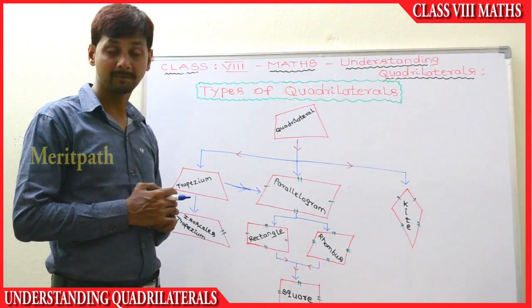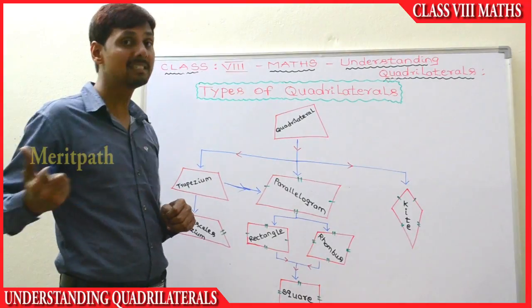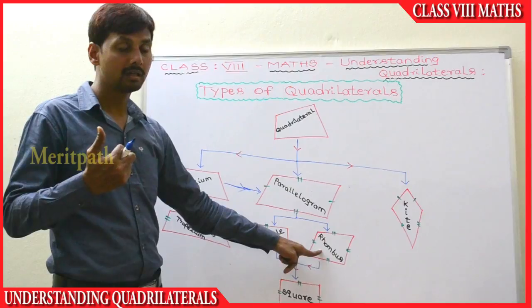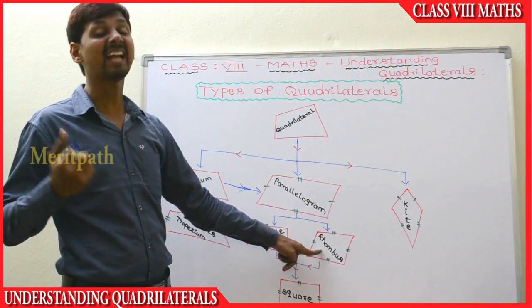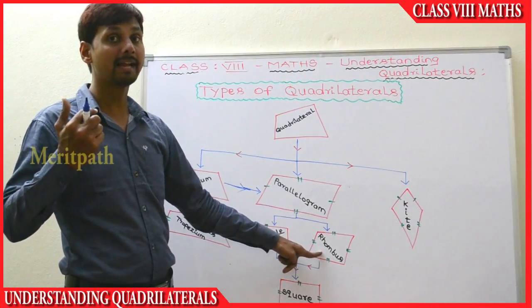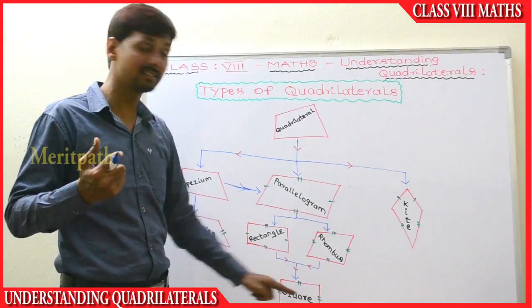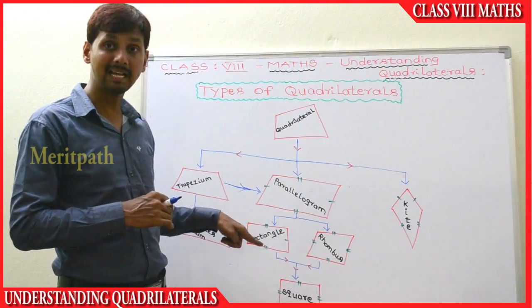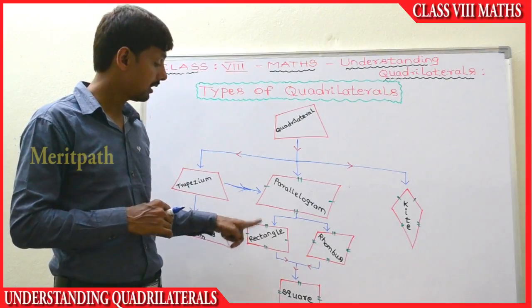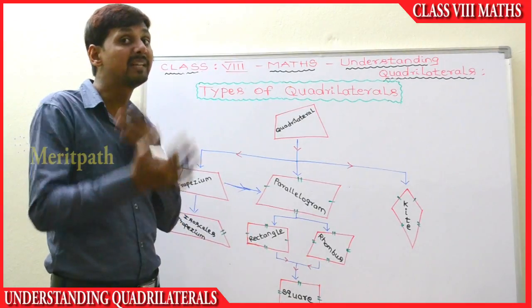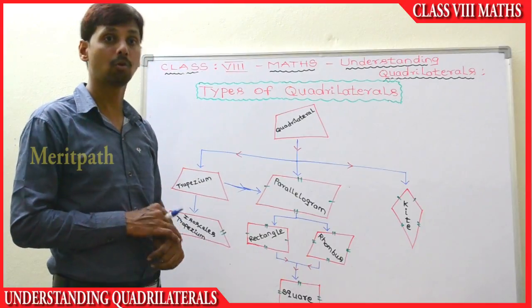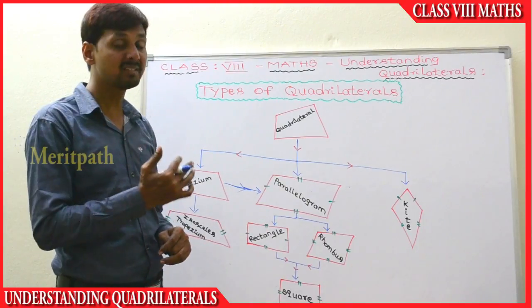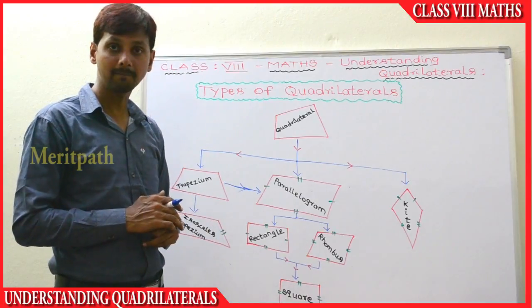In a rhombus, if each angle is 90 degrees, then it becomes a square. So either in a rectangle, if all the sides become equal, it becomes a square, or in a rhombus, if each angle is 90 degrees, then it becomes a square.